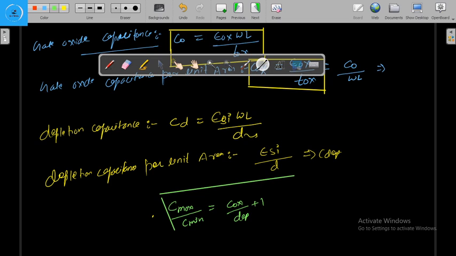This is another important formula, and a large number of questions were asked using this formula in previous years in GATE. So C maximum to C minimum will be equal to the gate oxide capacitance to the depletion capacitance, both per unit area, plus 1.